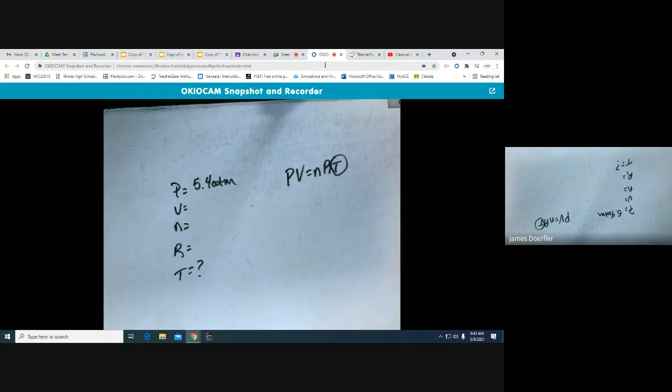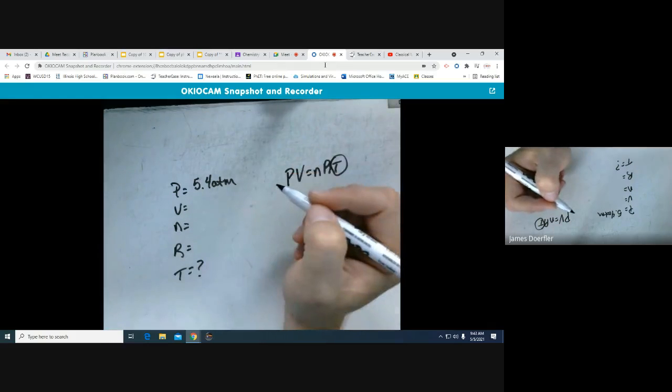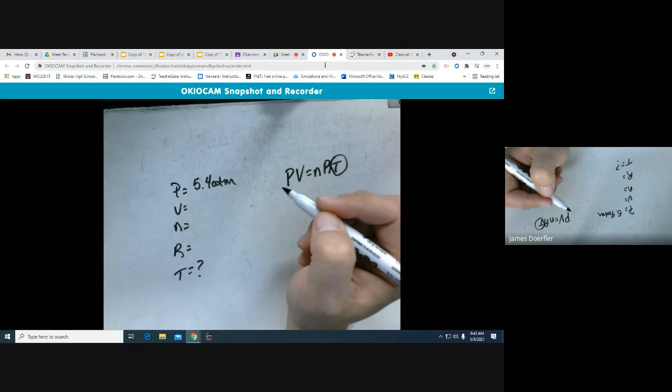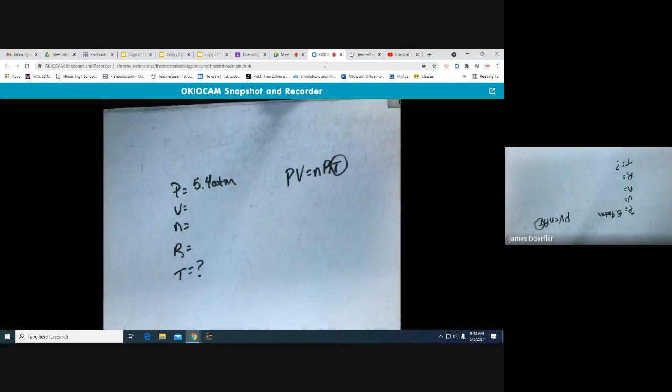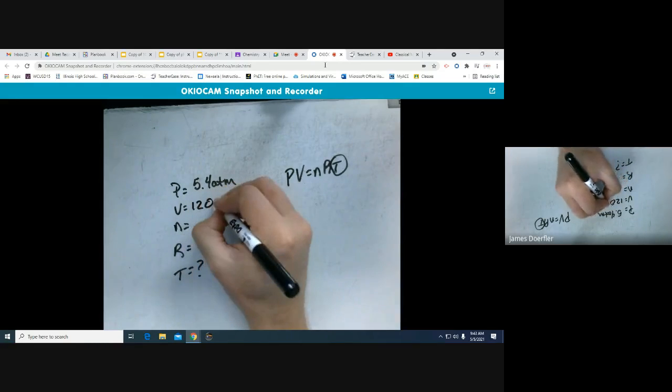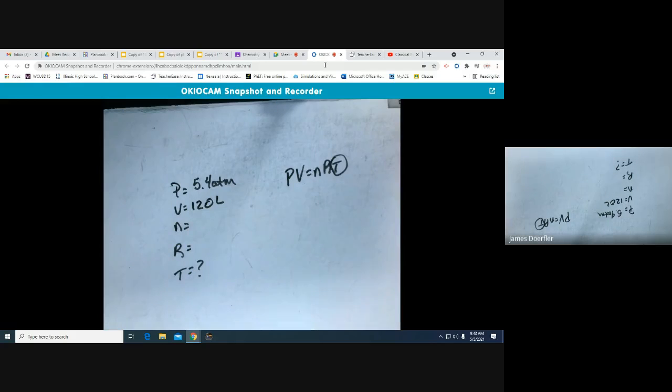Volume. What do I have for volume? 120,000 milliliters, but is that the appropriate unit, or do we need to convert? We need to convert to liters. So take the 120,000 milliliters, divide it by 1,000. We have 120 liters.